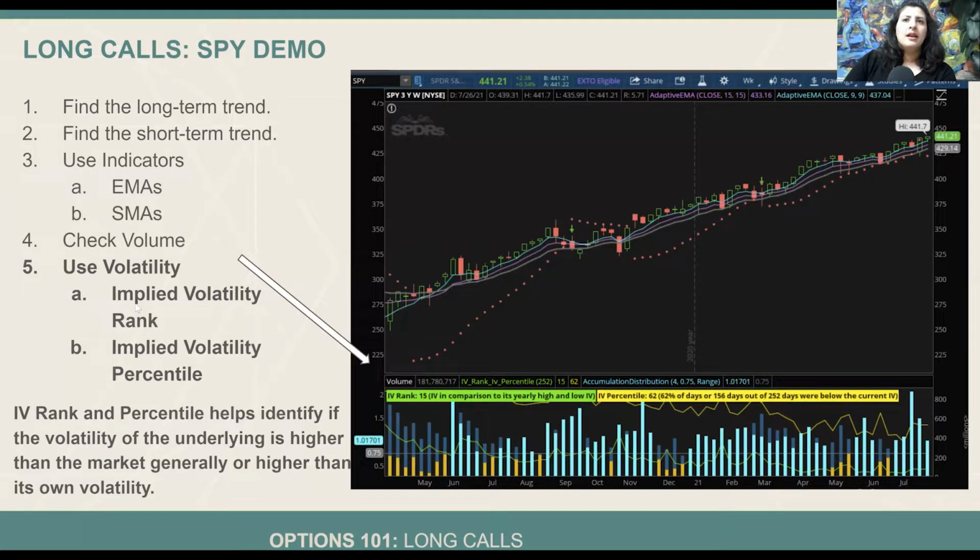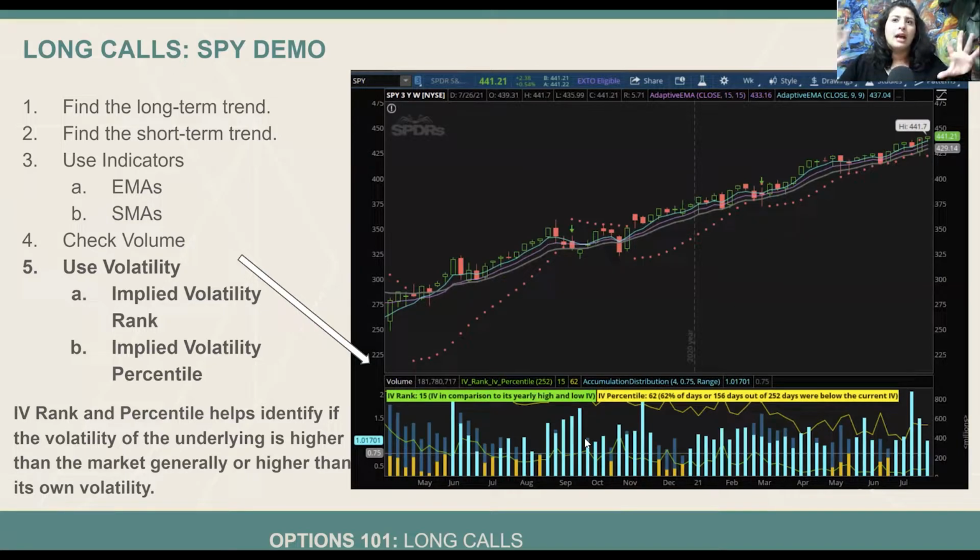The other thing you can look at is the implied volatility percentage and rank, and compare those together. The IV rank is basically looking at the year high and low, and then seeing where we're at currently, whereas IV percentile is looking over a certain number of days and giving us the average and telling us if that is high or low.